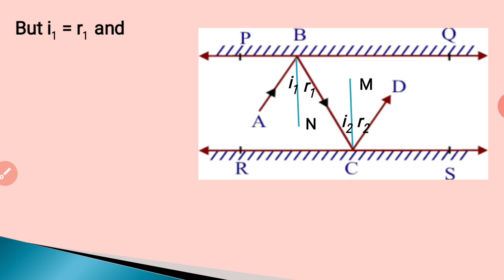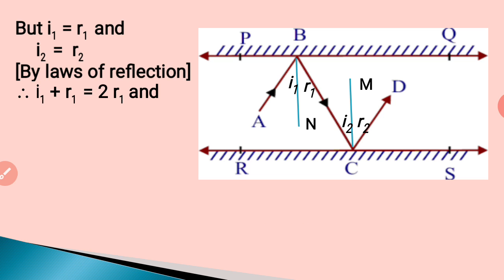So let's proceed with the mirror law. For a mirror, the angle of reflection and angle of incidence are equal. So I1 equals R1 and I2 equals R2. Here we can say that I1 plus R1 are equal, so they can be written as 2 times R1 because both are equal.